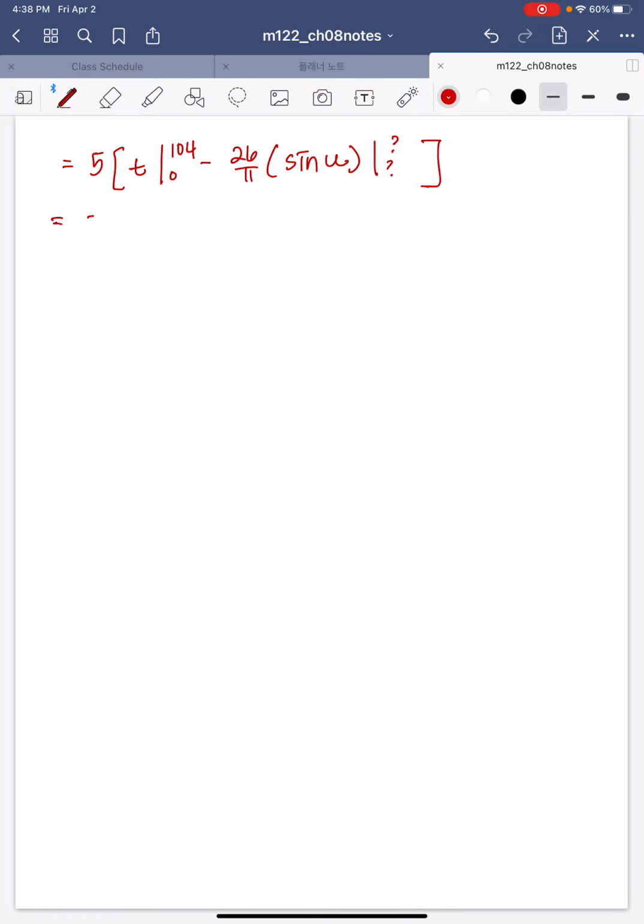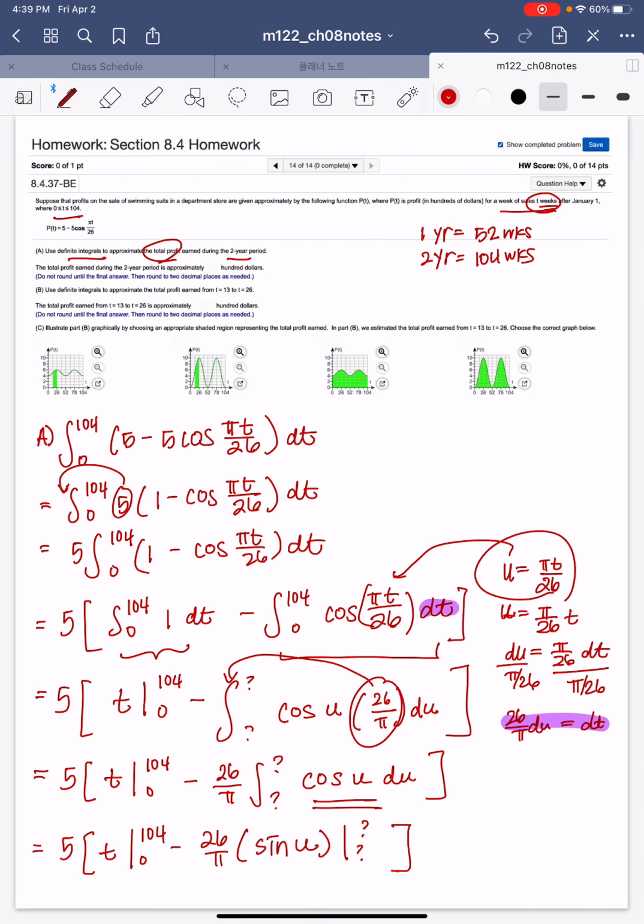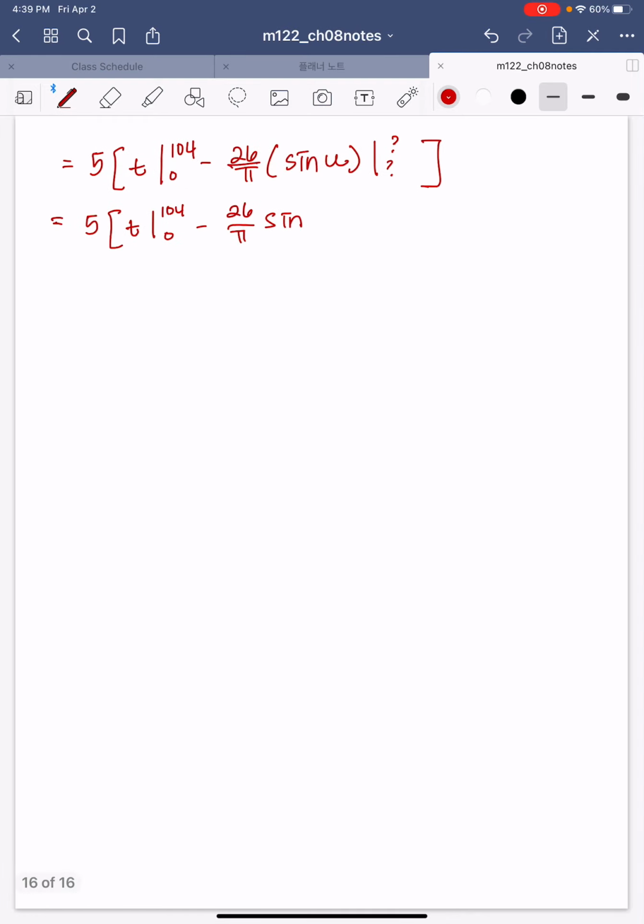So I have 5 going from 0 to 104, and then I have 26 over pi sine of u. Now let's substitute our u. U was pi t over 26, so pi over 26 t, and then it was integrating from 0 to 104.